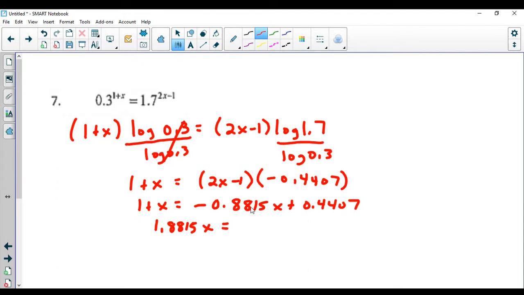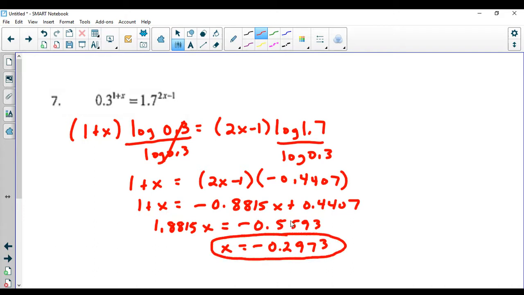I'm going to subtract 1 from the other side. So I have negative 0.5593. And lastly, I'm going to divide. And my answer here is negative 0.2973.